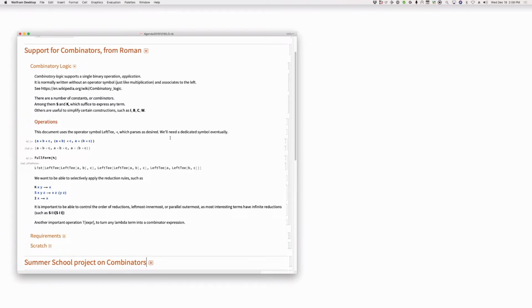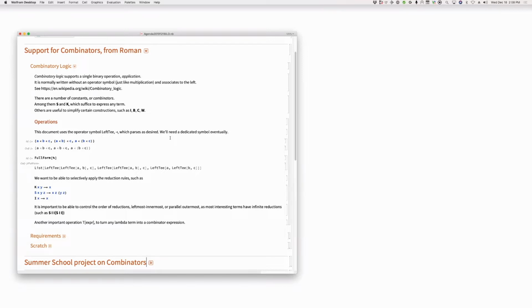To really support it, we need a symbol for the operator, and we need a notation, so we need an operator character. Here I use the left T because it has the correct association, so it should parse just like the left T, but obviously left T is no good in this context.